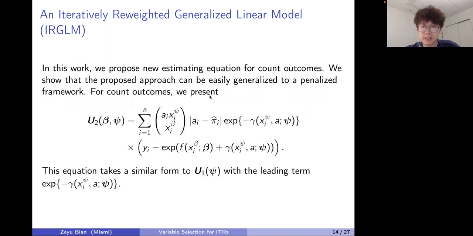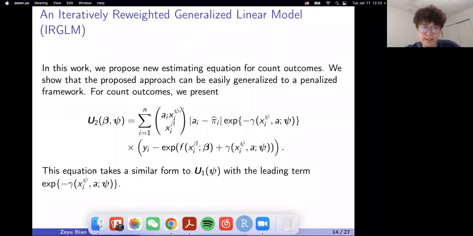So for count outcomes, we present this U2, the new estimating function. This new equation takes a similar form to U1 with this term here, the same. So one might ask, what's the advantage of this equation? Why should we use this?